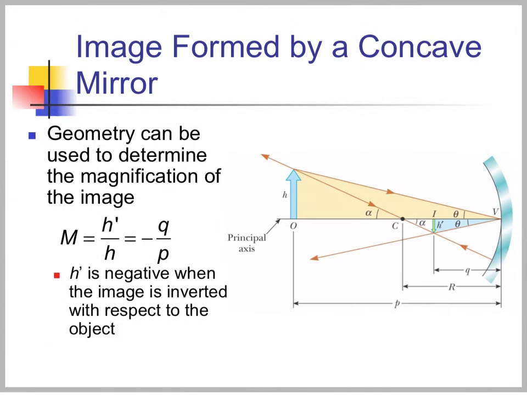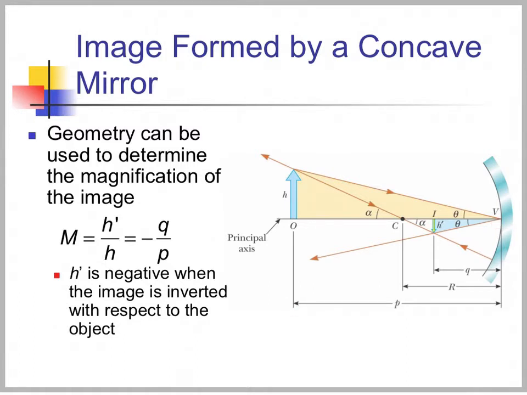Now we can use the geometry to determine the magnification of an image formed in a concave mirror. Magnification is h prime over h, which, looking at the similar triangles, is also minus q over p. Remember, q is the distance from the mirror to the image, and p is from the mirror to the object.